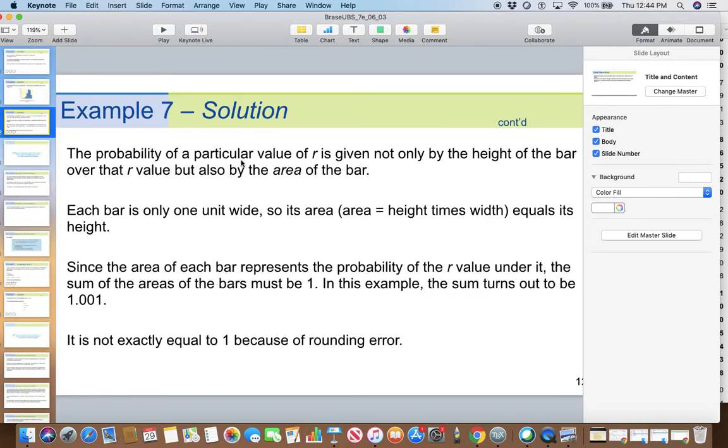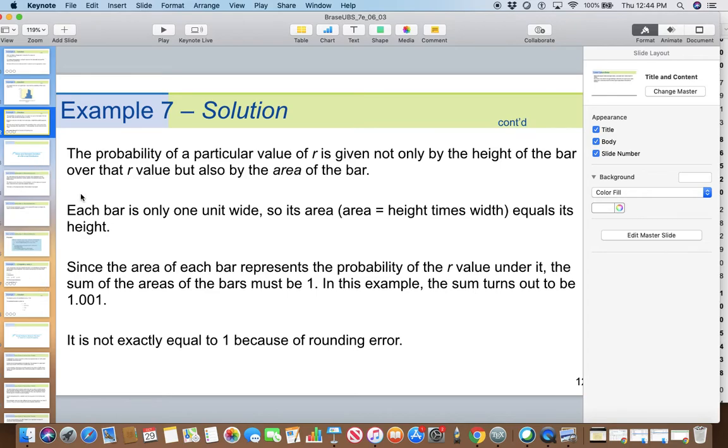Now, the probability of a particular value of R is not only given by the height of the bar, but also by the area. Each bar is only 1 unit wide, so its area is height times width, which is the height. Area of each bar represents probability of the R value under it. The sum of the areas must be 1.